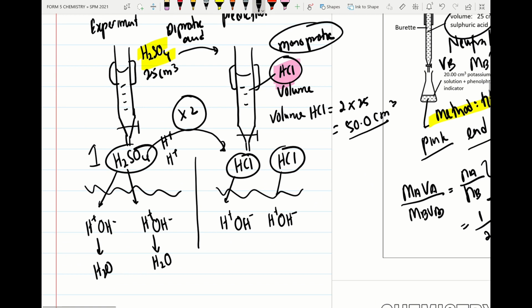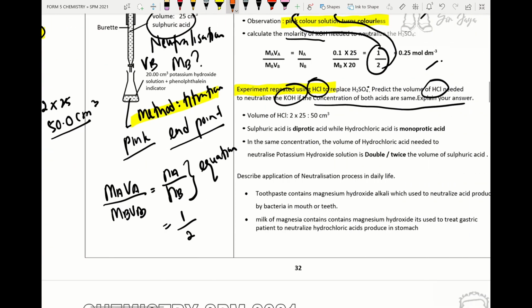How to explain this answer? The sulfuric acid used is diprotic acid, while the hydrochloric acid that we need to predict is monoprotic acid. In the same concentration, the volume of hydrochloric acid is twice, or we can use double the volume of sulfuric acid. The answer is given here.